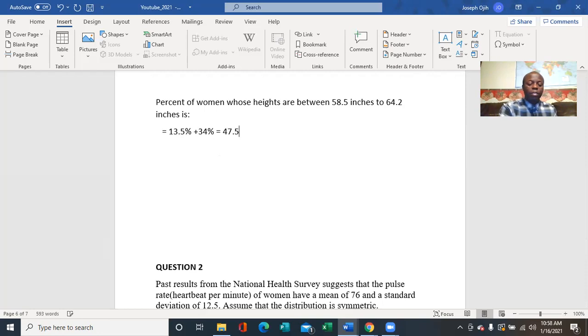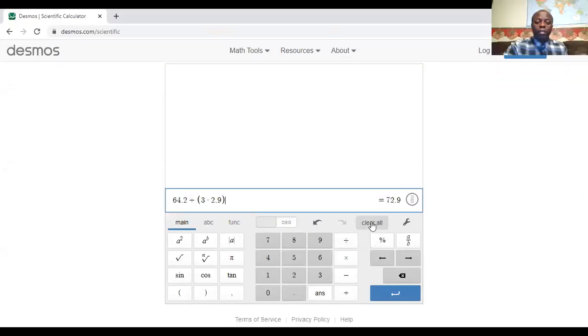Then 0.5% stay the same. Now, I will take you to decimals for those of you who are confused about how I get this answer. You can see that 13.5% plus 34% is 47.5%. So 47.5%, which is the answer we have.